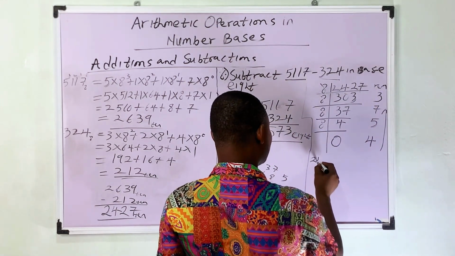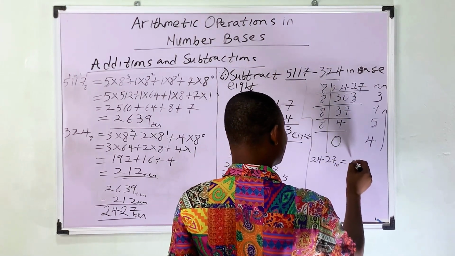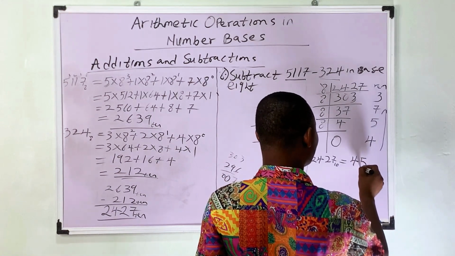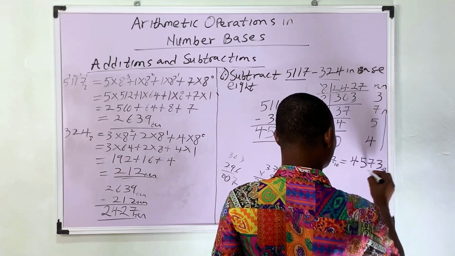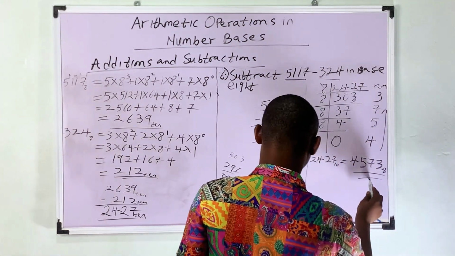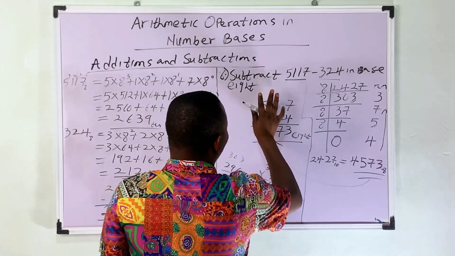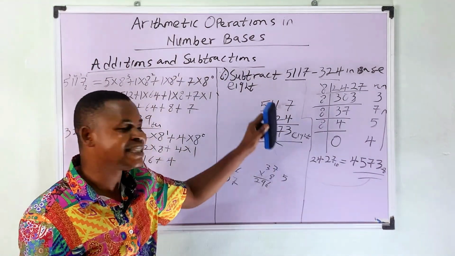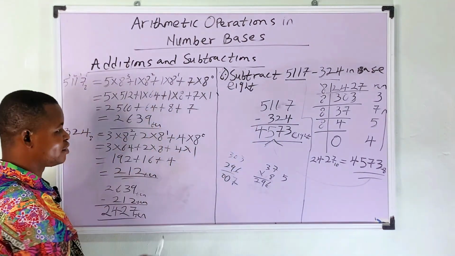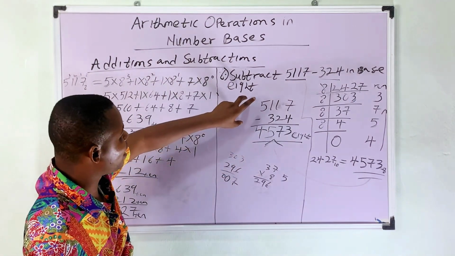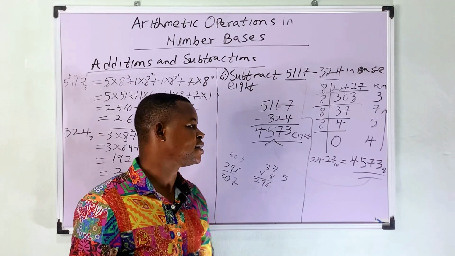That shows 2427 in base 10 is equal to 4573 in base 8. As you can see, it's the same as the answer we get when we perform the subtraction operation directly in the base. We just use this to prove that our approach here is very correct, 100%.